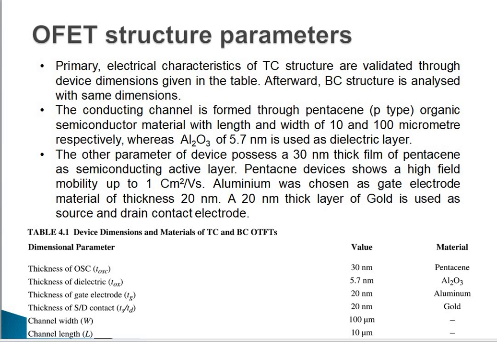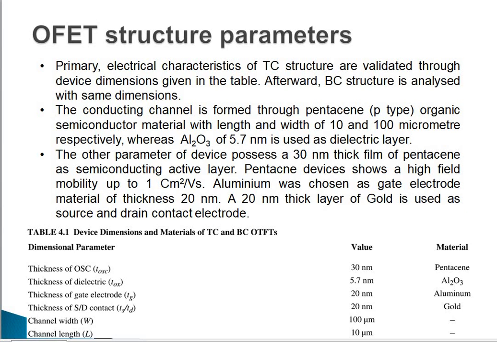The other parameter of the device possesses a 30 nanometer thick film of pentacene as semiconducting active layer. Pentacene devices show a high field mobility of up to 1 centimeter square per volt second. Aluminum was chosen as the gate electrode material of thickness 20 nanometer. A 20 nanometer thick layer of gold is used as a source and drain contact electrode.